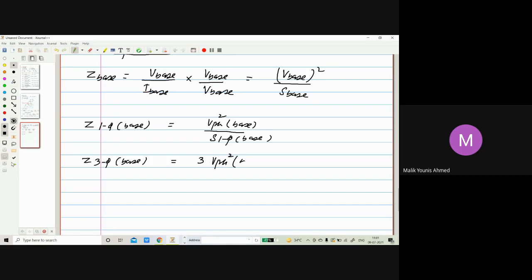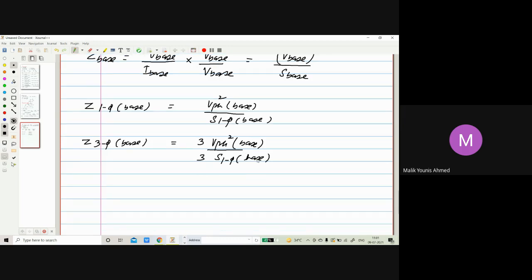V phase square base divided by 3 into S single phase base. So when single phase is multiplied by 3, because we consider the system is a balanced system, it is the S base for a three phase. So we can write it as 3 V phase square base divided by S three phase base.